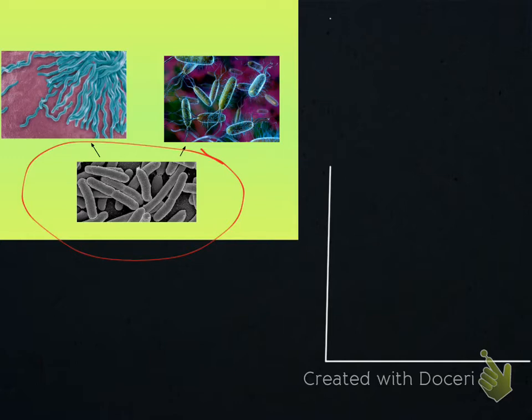A population is a group of organisms that all live in one place that can reproduce together. So in a population of these bacteria, maybe we look at how long each of those bacterial cells is.